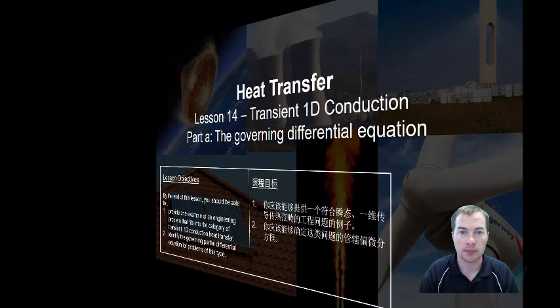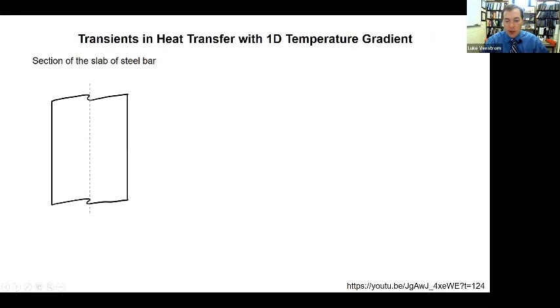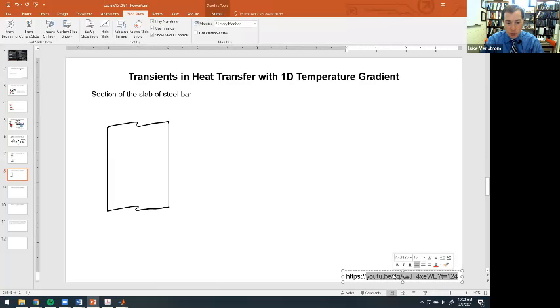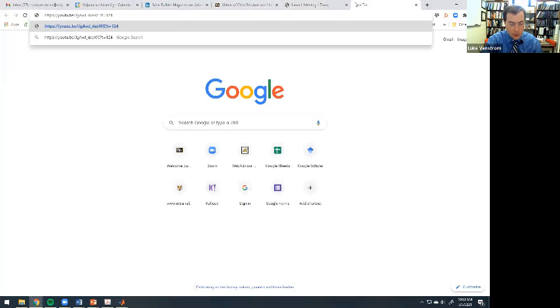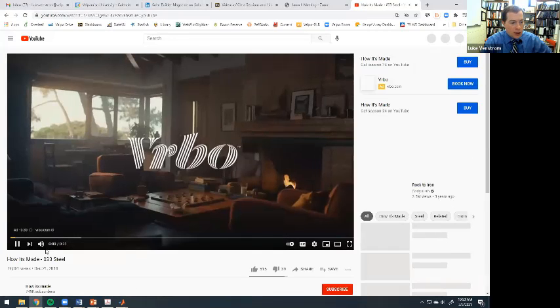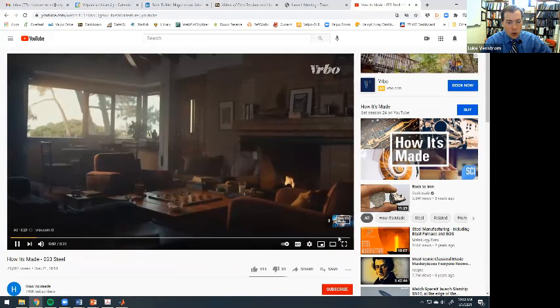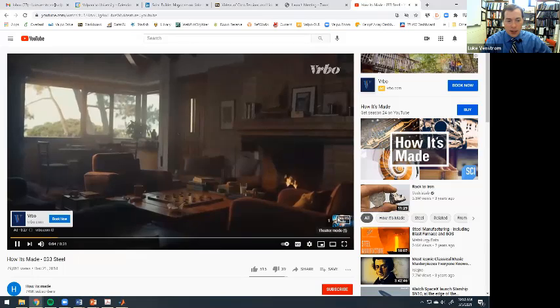On with the lesson. But we also have lots of situations in which we have transients in heat transfer with temperature gradients. And to show you where you might see that, we're going to go back to the steel processing facility.